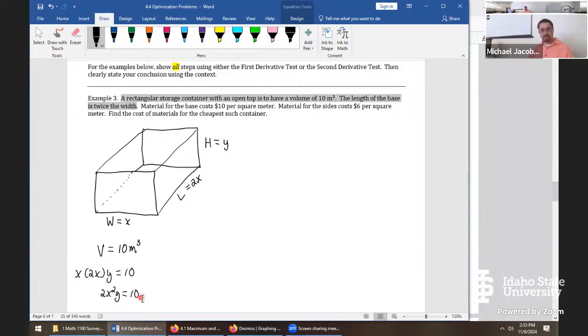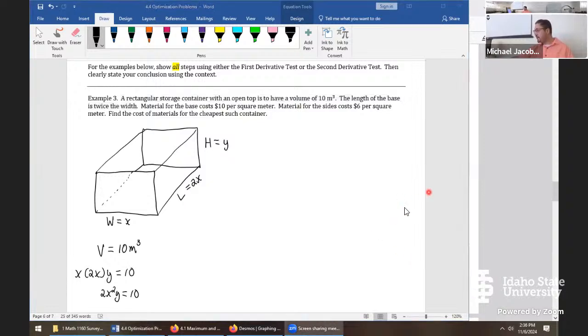Okay, I guess the next thing to start focusing on is we're trying to find the cost of materials for the cheapest such container. The container will have 10 cubic meters and this relationship with the length and the width. So now we need to go through the material costs.